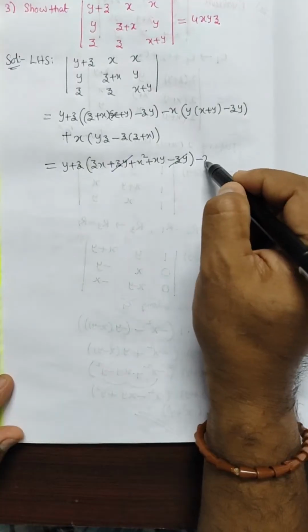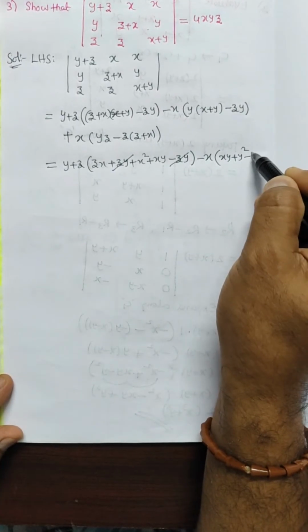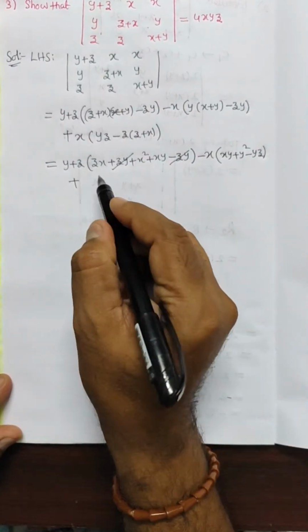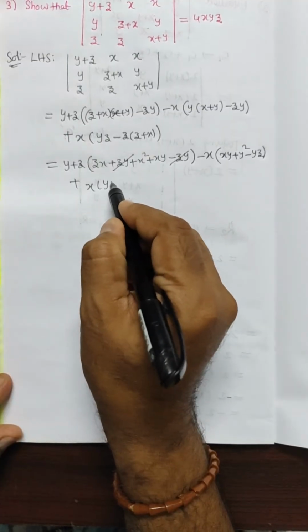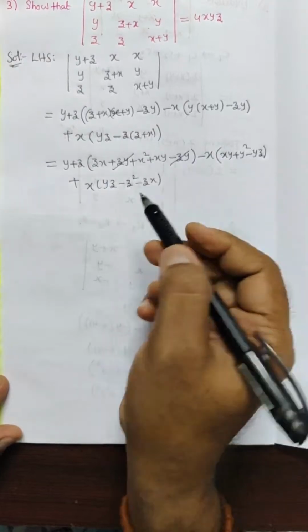Next minus x into xy plus y square minus yz, plus x into yz minus z square minus zx.